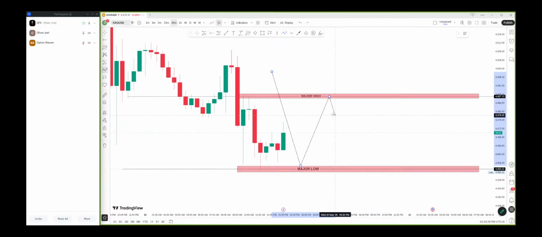As an example, if price came back up for a pullback and then forms a type B sell over here, now that is a valid sell for us to execute. The reason is because, as we saw earlier on the hour 4 time frame, in order for us to continue back to the downside, the hour 4 and the hour 1 needs to come back up first and then go back to the downside. Now that will be a valid type B sell.